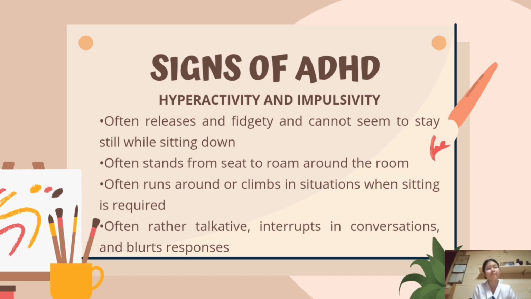And next up, often rather talkative, interrupts in conversations and blurts responses. So, in short, the child here is naughty. Is quite naughty. Since we are highlighting here the activity, expectedly, the child here is full of energy to move, to talk, and even interrupting conversations and blurting responses.